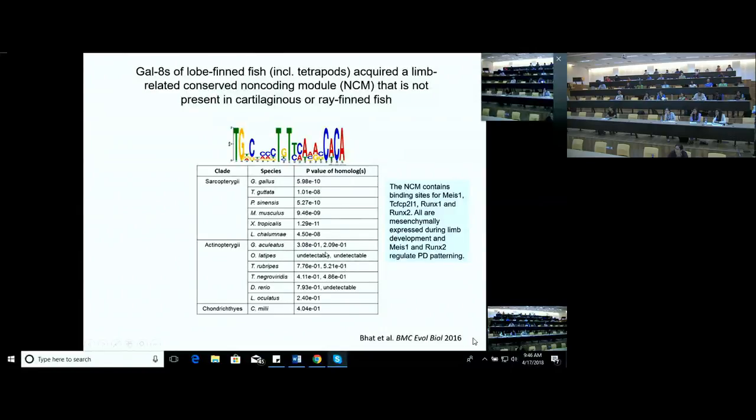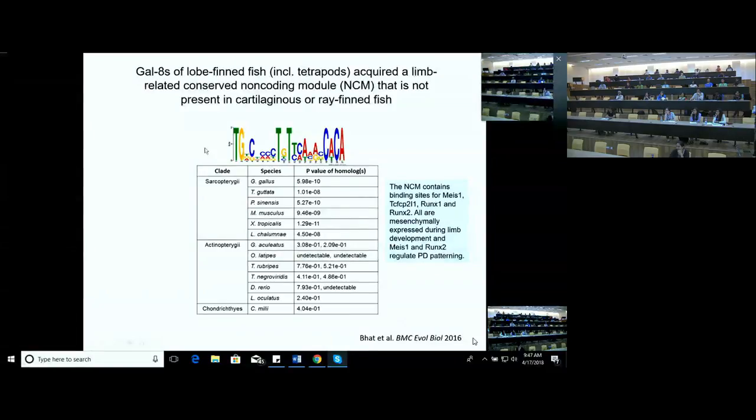These are high numbers and these are very low numbers, indicating that it's not detectable here and it's highly detectable here. And the non-coding module contains binding sites for Meis1, a transcription factor, and several other transcription factors. All are mesenchymally expressed during limb development, and Meis1 and Runx2 regulate proximal-distal patterning.